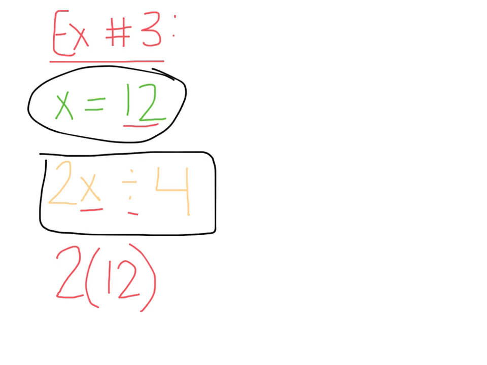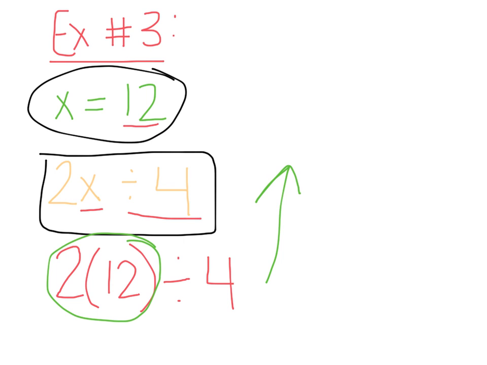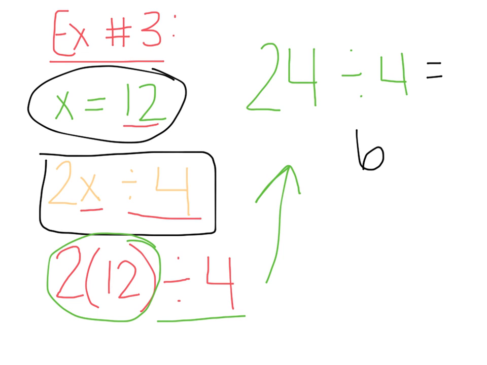And then I just write the rest of it, divided by 4. You do your multiplication first. This means multiplication. 2 times 12, I'm going to write this up here because I have a little more space, is 24. And then I just write the rest, divided by 4. And then I can write my answer equals 6.